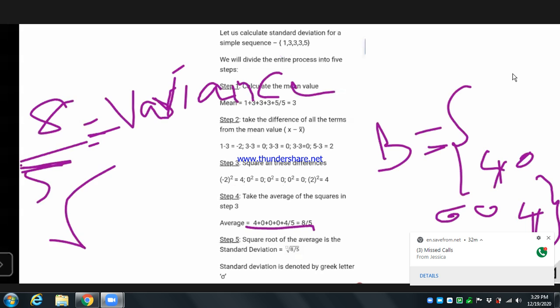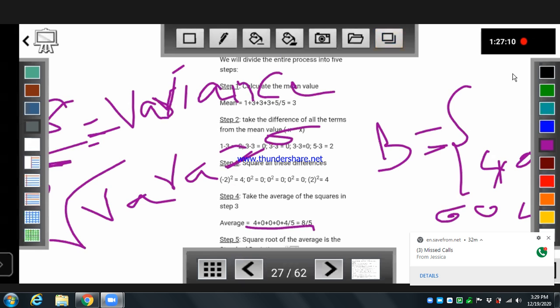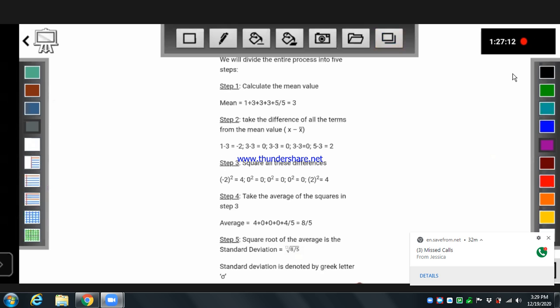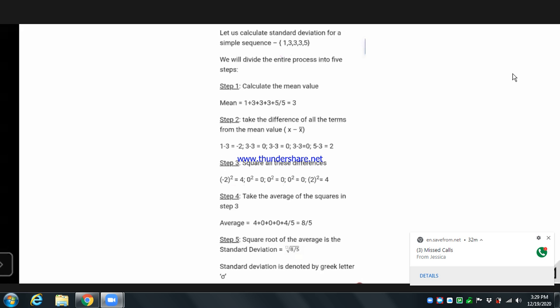The square root of variance is the standard deviation. Since the variance is 8 by 5, we take the root of it. Root of 8 by 5 is the standard deviation. It is denoted by this letter, a Greek letter.